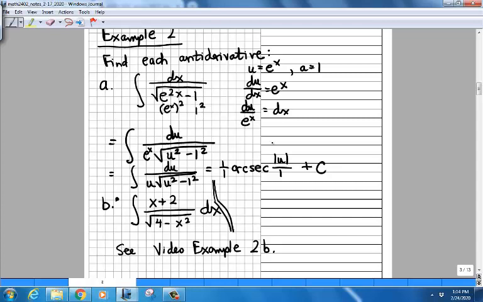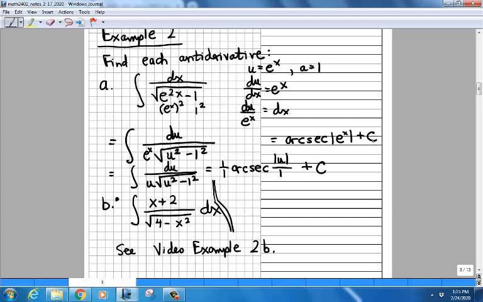And now you just have to undo the substitution to get your final answer. 1 over 1, of course, is 1, so I can drop that. So this is arcsecant of the absolute value of e to the x power, over 1, so I don't need to write the over 1. So we can just write down arcsecant of absolute value of e to the x power plus a constant. But actually, you can simplify even further, because e to the x power is not ever negative.